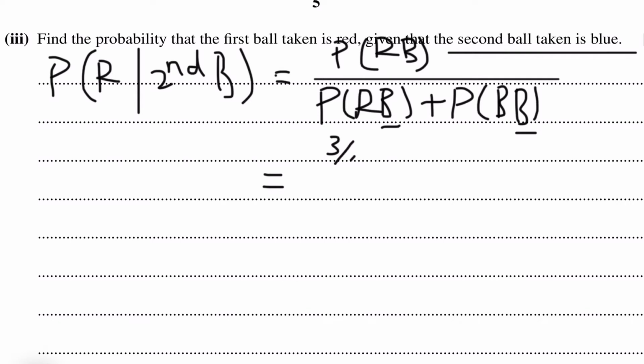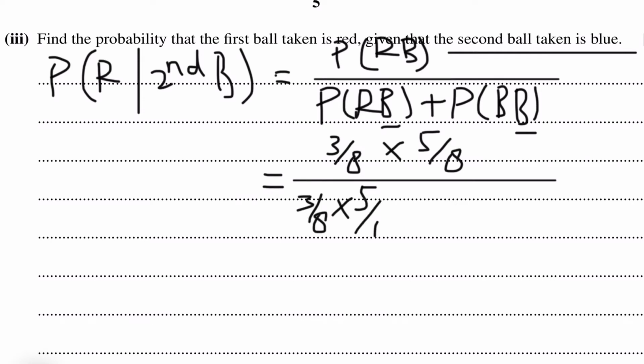So you will have 3 over 8 multiplied by 5 over 8 divided by 3 over 8 multiplied by 5 over 8 plus 5 over 8 multiplied by half.